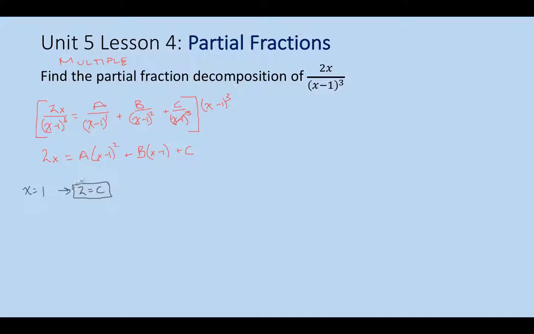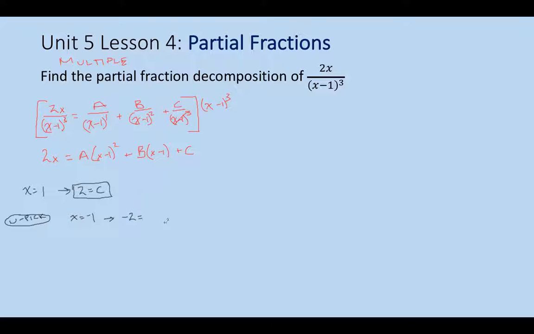That's great. Unfortunately, the rest of them are not quite as simple. Now, the others, you have to pick on your own. I liked the other one because I knew exactly what to pick, the things that made this 0, but I only had one value here that made that 0, so this time I'm going to pick stuff that's just easy. So I'm going to say x equals negative 1. When x equals negative 1, and I plug that in here, I get negative 2. And then negative 1 minus 1 is negative 2.